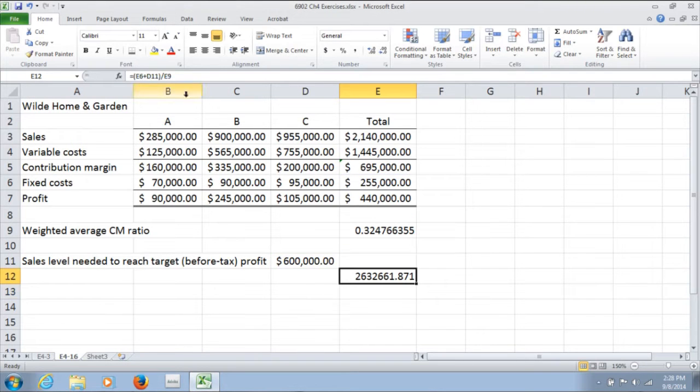So the sales that we would need to reach that particular target, assuming the same product mix, would be 2.6 million, a little bit over 2.63 million. So right now we're at 440,000 in before tax profit, and so to increase that, we'd have to increase the sales accordingly.